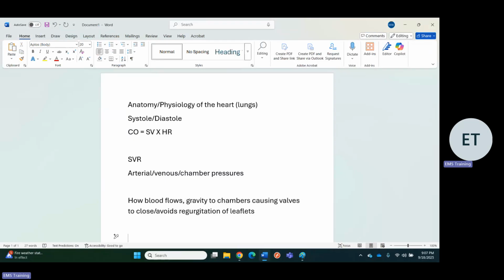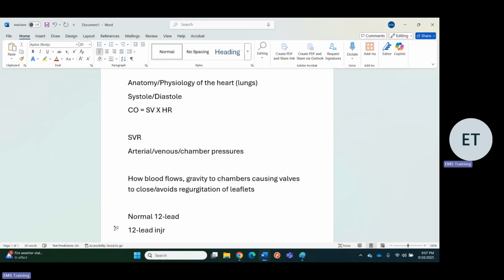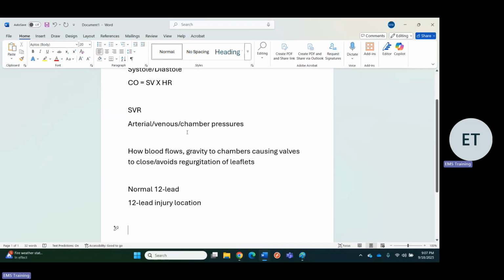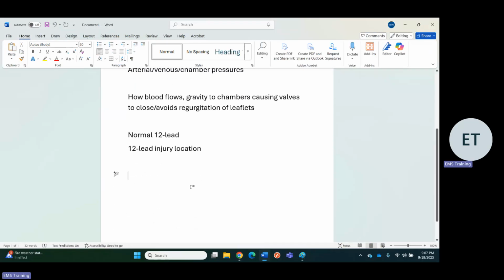Things like that. A normal 12 lead, injury location, right? Inferior, you know, what part of the heart the leads represent. Then we get into normal heart rates for age ranges. Assuming sinus rhythm, 60 to 100.